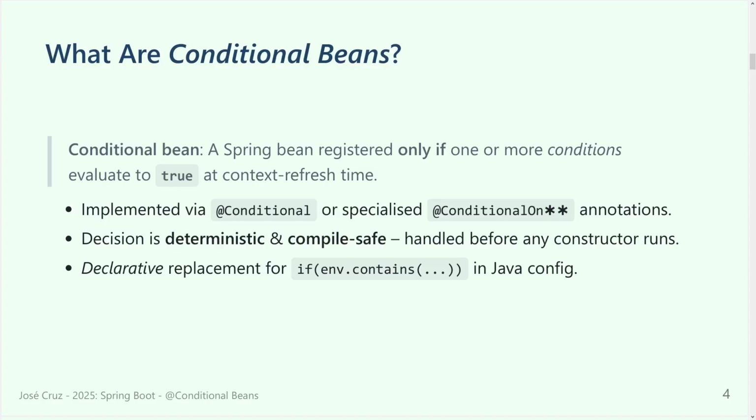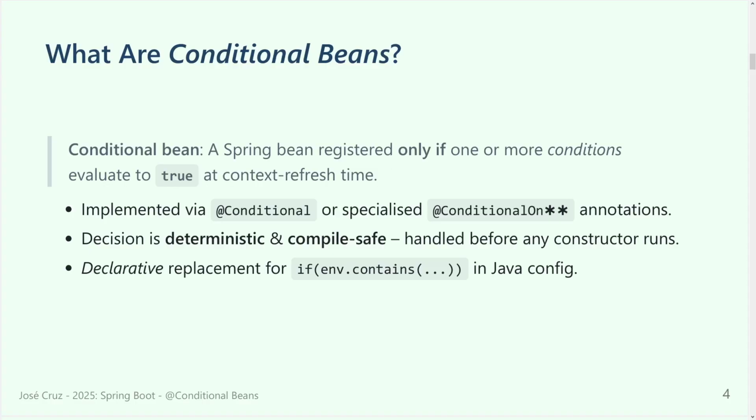So the decision is deterministic and compile safe, meaning that the beans are there, the code is there, but that doesn't mean the code will be used. It depends on the conditions, but it should be there because Spring should scan all of them to later take a decision about which ones it will choose or not. It's not at compile time.